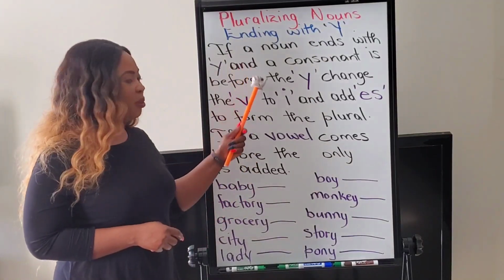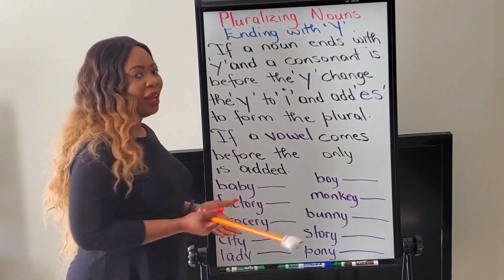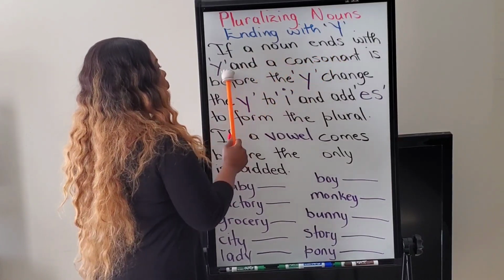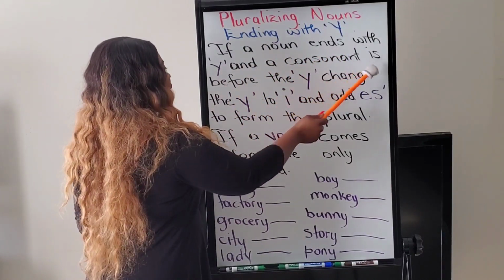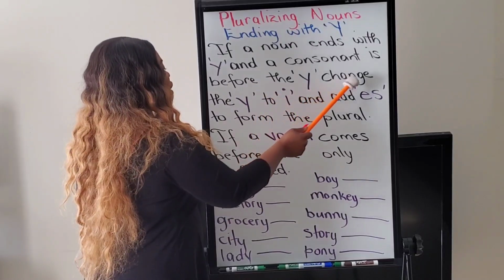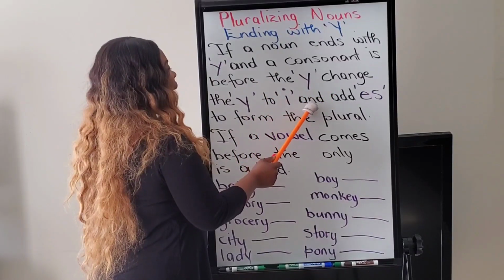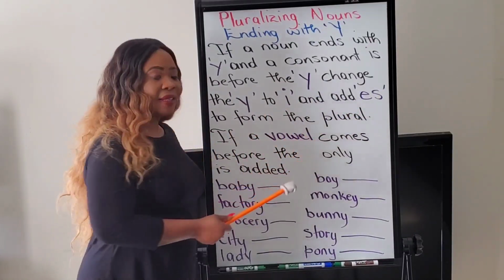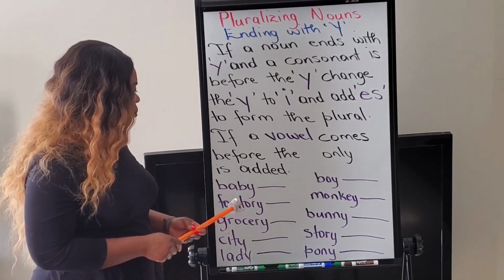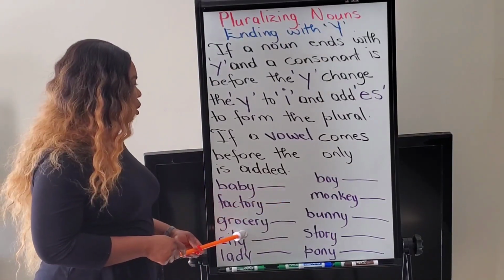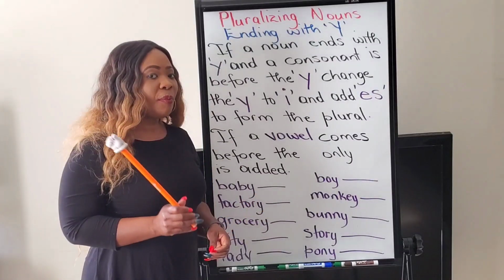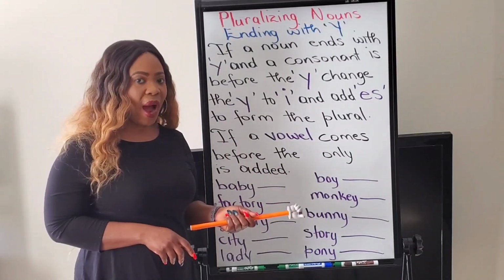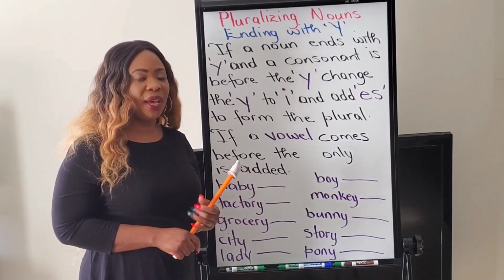And it's right here for you, just in case you want to read it. All right, let's go, no problem. So if a noun ends with y, and a consonant is before the y, change the y to I and add es to form the plural. And my geniuses, I made sure that I have some here for you. However, there is an important part that states if there is a vowel before the y though, all you have to do is add s.